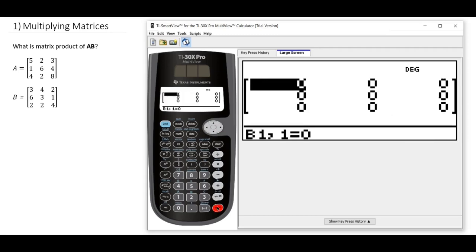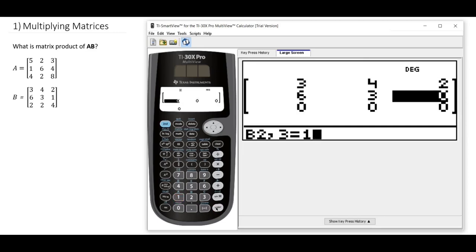And just like before, we're going to input the numbers. So now we do second quit again.